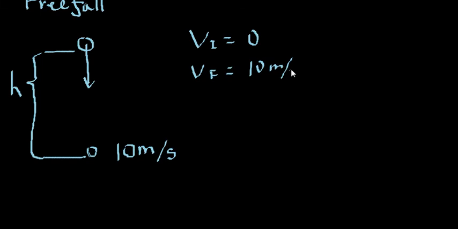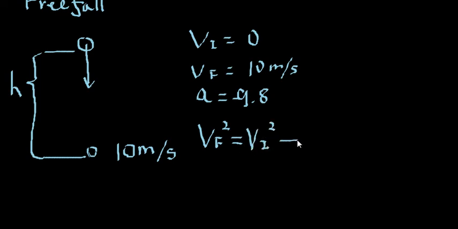So see what you have in here: V initial, V final, a. What is that one equation that has all these three variables so you can get H? Well, V final squared equals V initial squared plus 2a delta d. So delta d is actually H.